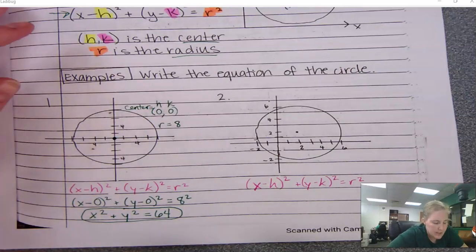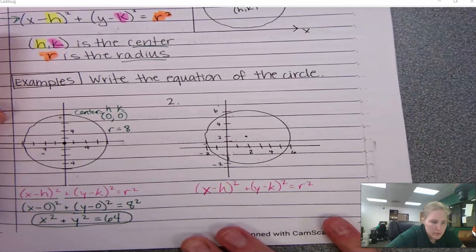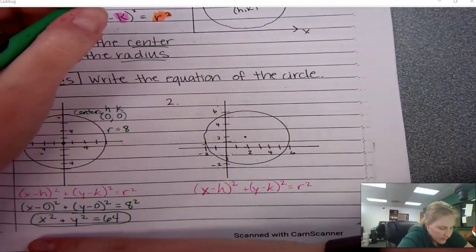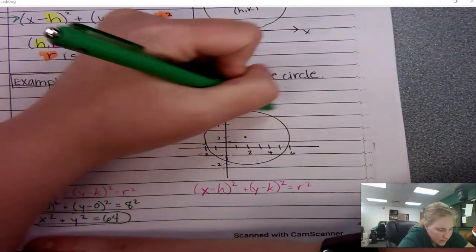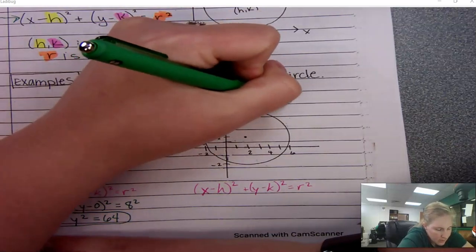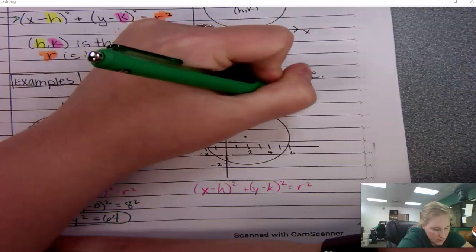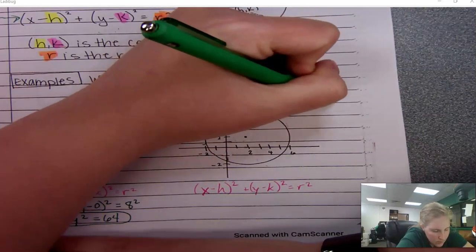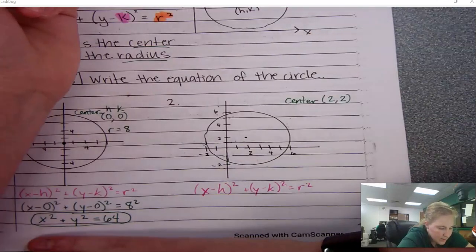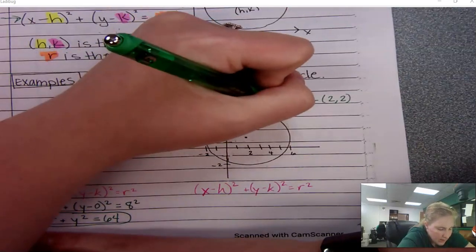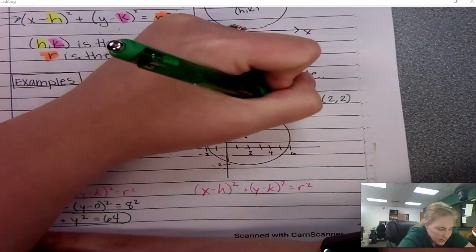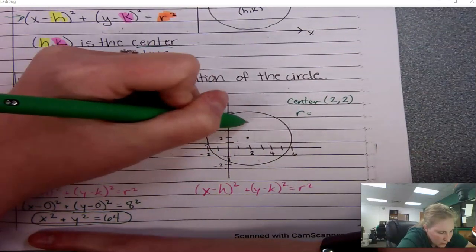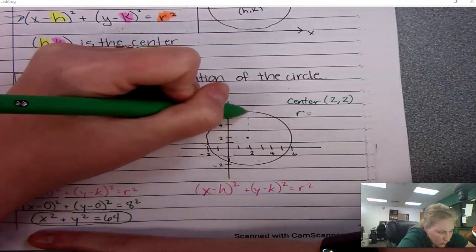Okay, let's do it again, but it's going to be a little more difficult on this one because it varies some. The center is now at 2, 2. Okay, and then the radius, alright, we can count to the edge, so it would go 1, 2, 3, 4.